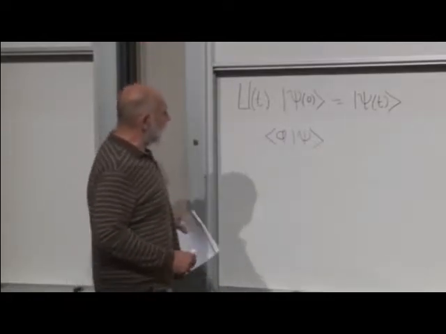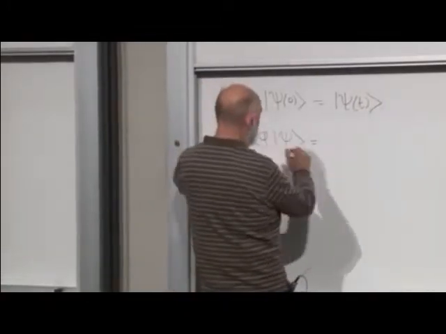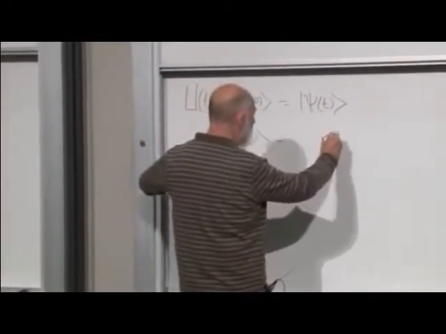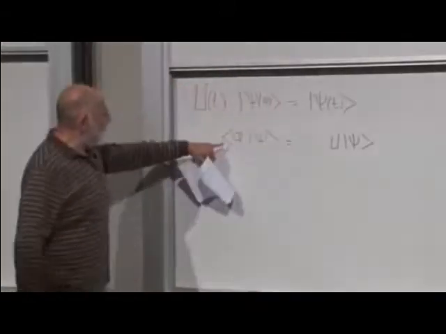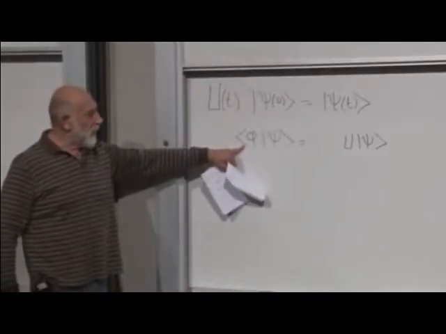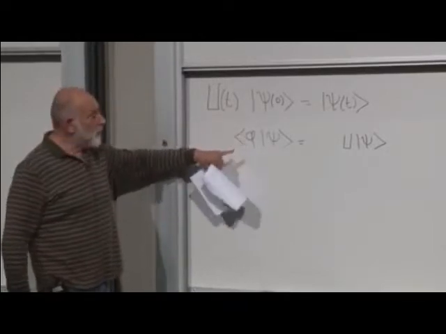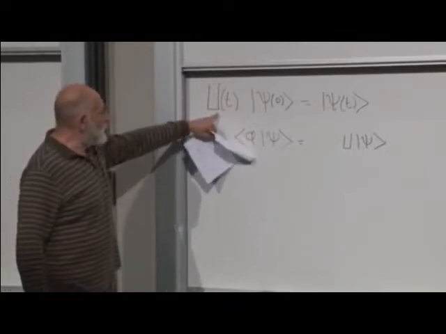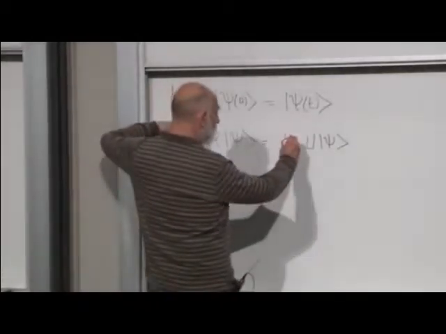Then the postulate is that if we transform psi and we transform phi, now phi is a bra vector and it transforms with the Hermitian conjugate of U. That would be U dagger.